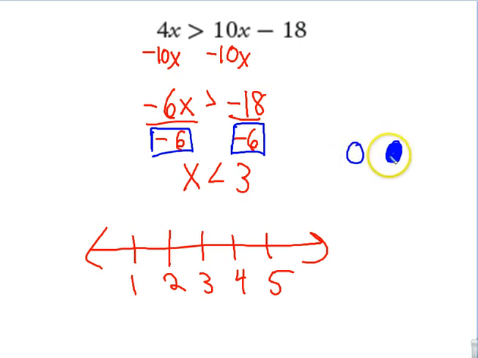The filled in circle says it does. So for this one, I'm going to do an open circle. And it says it's smaller than 3, so that's everything down this way. So that is the drawing of everything that works.